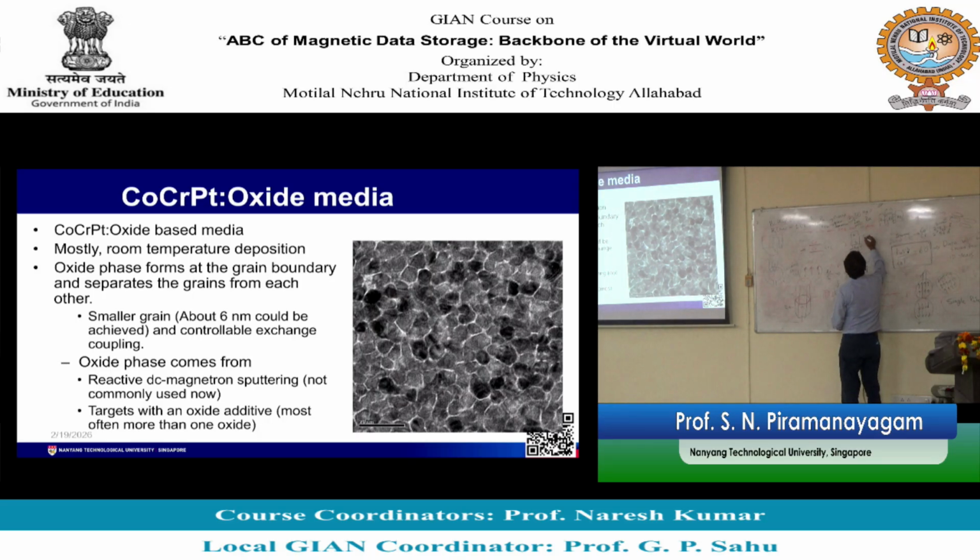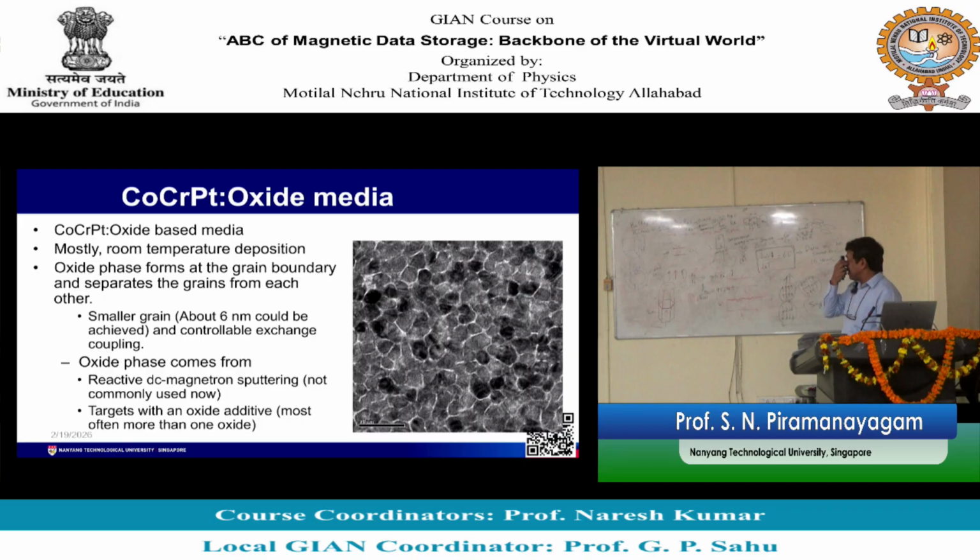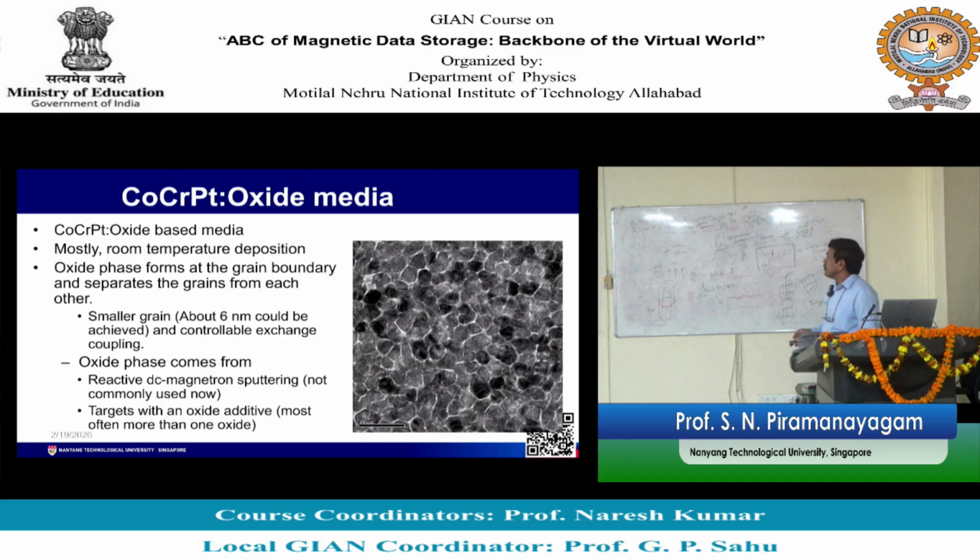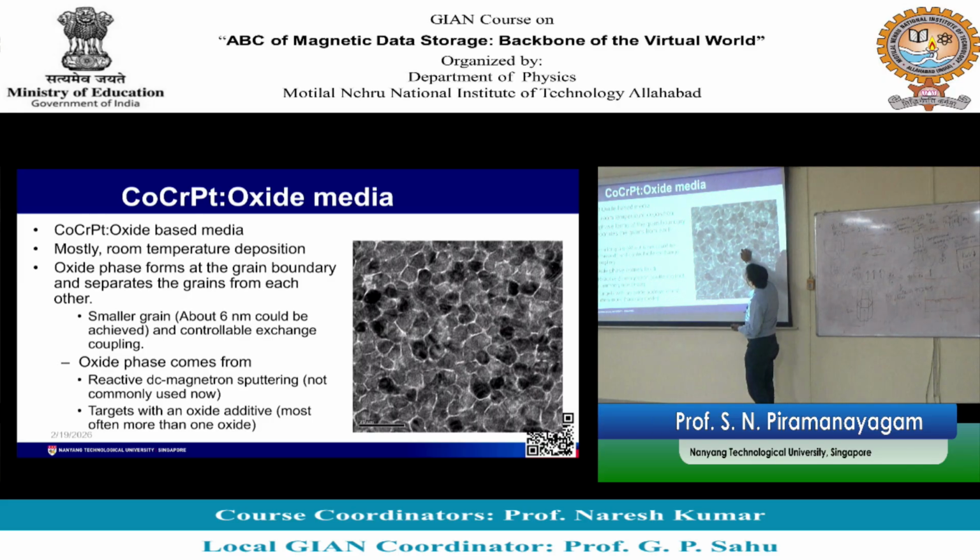Yesterday we learned about compositional segregation. I told you that tantalum helps to make the grains separate from each other through some non-magnetic grain boundary. Then this morning I showed you that boron was better than tantalum, but in perpendicular recording we use some form of oxide to separate the magnetic grains. Here, what you see in the grain boundary is a region rich in oxygen.